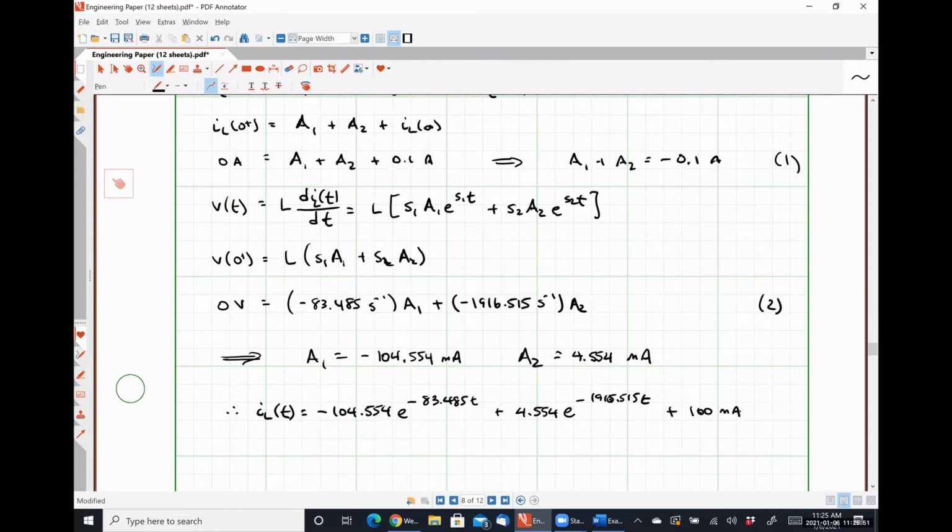So there is a DC offset. That's the most common mistake that I see made: you calculate A1 and A2 and forget to put in the quantity at t equal to infinity.